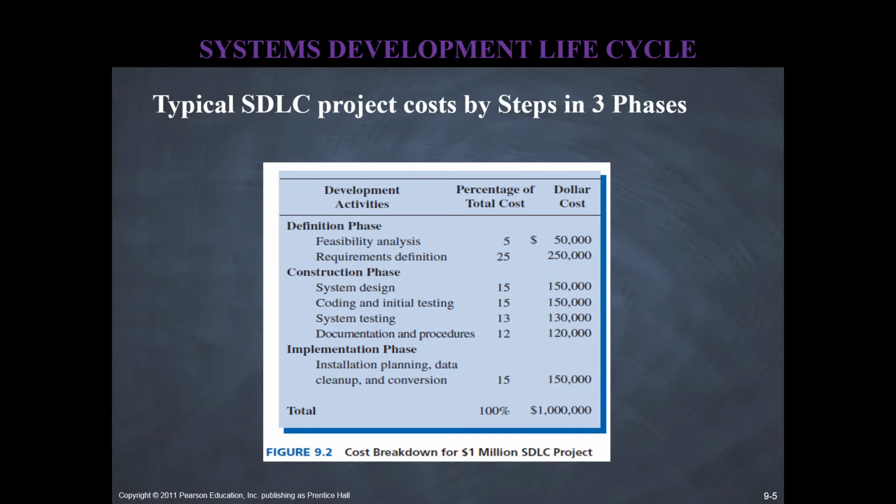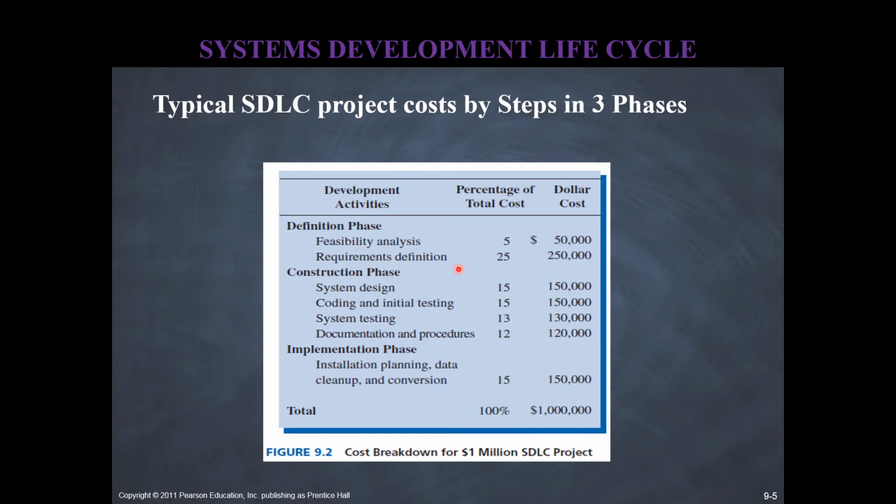Now, here you have a hypothetical or recommended cost breakdown for a $1 million software project under SDLC framework. So here we have cost attached to each of the phases and steps within those phases. So as you can see, most of the money, more specifically 25% of this amount, or $1 million, is spent during the requirements definition step.